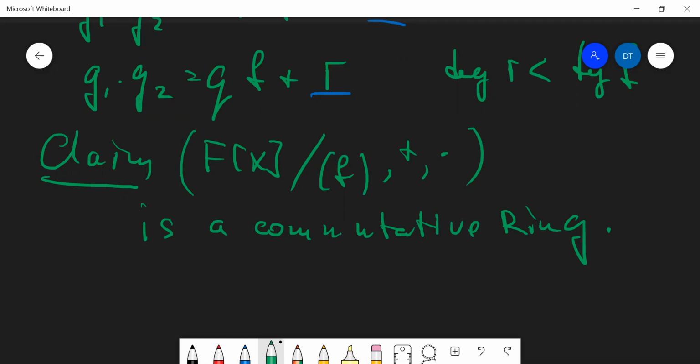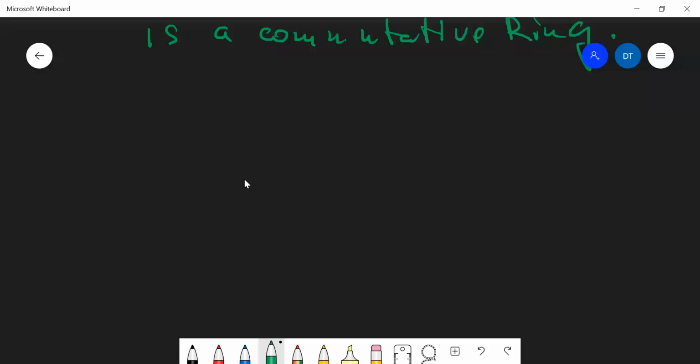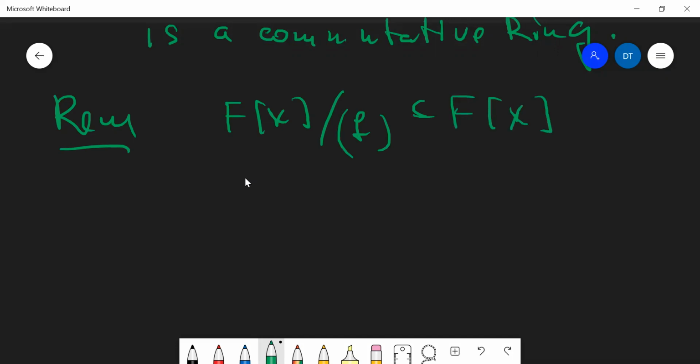Okay, so what do we want to know about this ring? First of all, several remarks. As we can see, this set is a subset of the set of all polynomials. Moreover, if we consider just addition, then this is a subgroup, with respect to addition only.